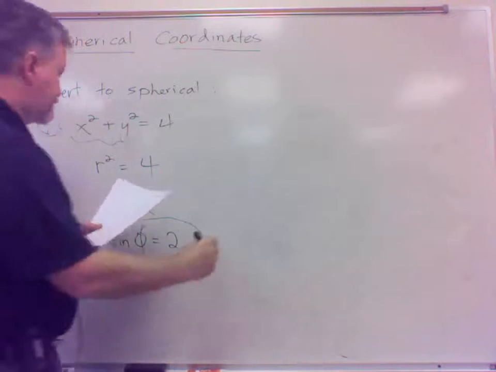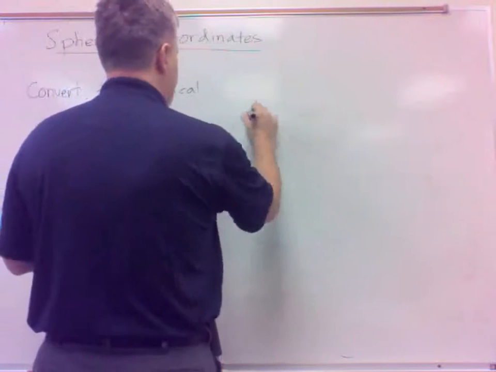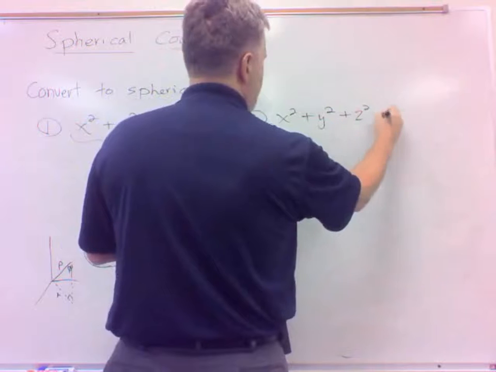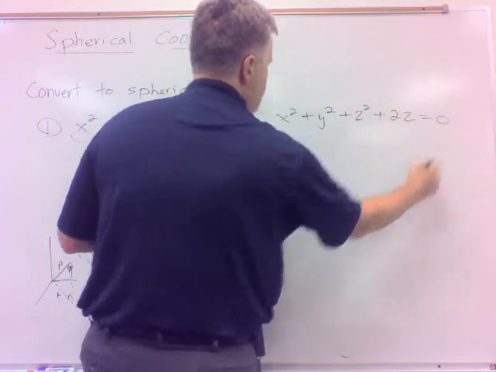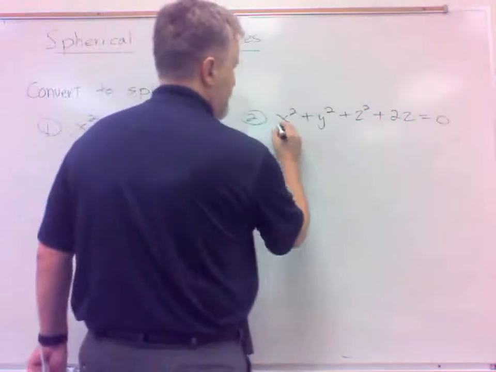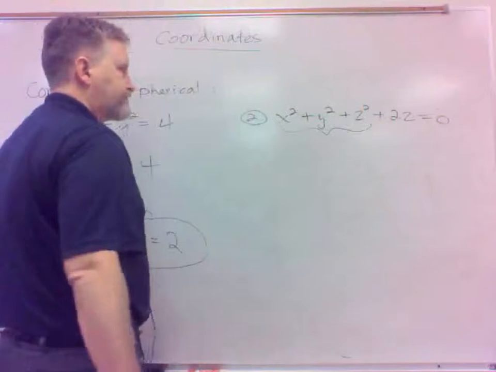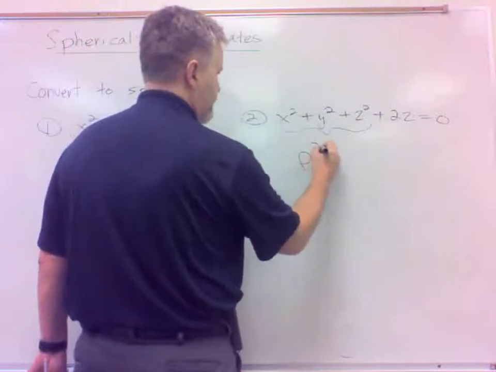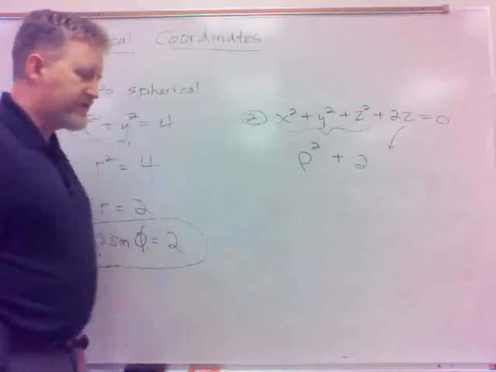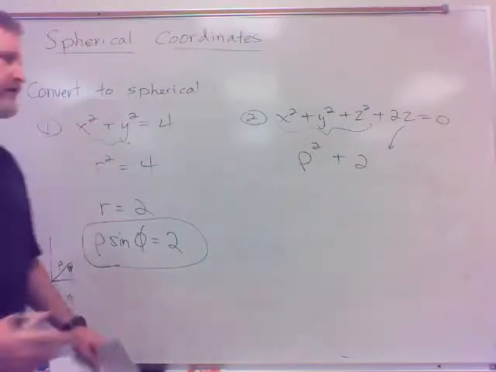Okay. What about x squared plus y squared plus z squared plus 2z equals 0? What would that look like in spherical coordinates? Well, again, you're looking for these things. x squared plus y squared plus z squared, we know that's rho squared, which is spherical. And then the only other thing we need to convert is the z. Well, we know z is rho cosine phi.